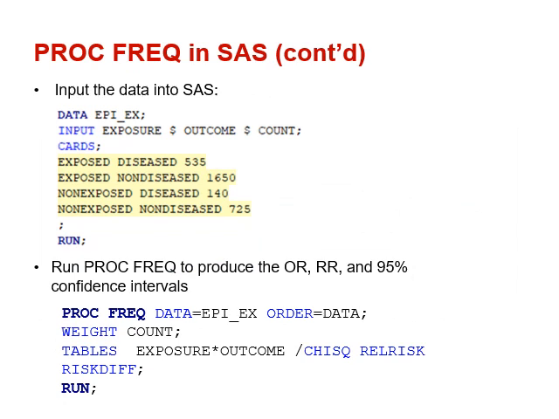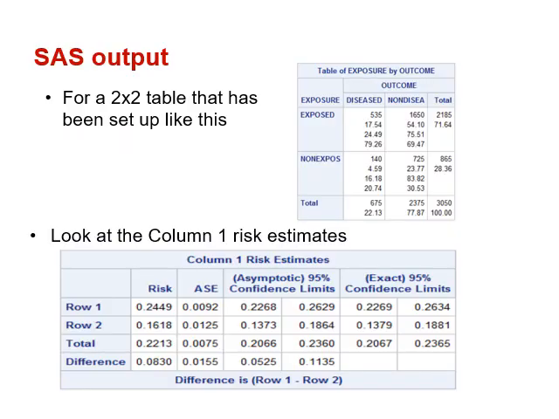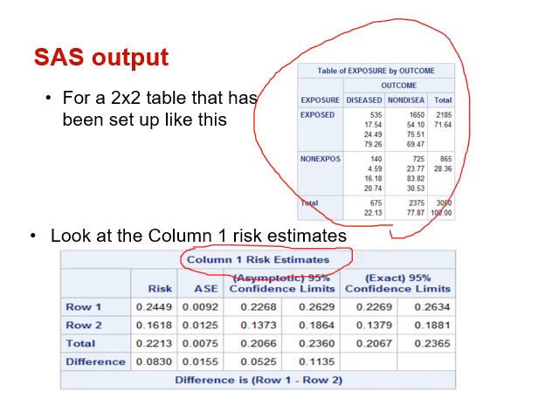To calculate the risk difference in SAS, put the risk diff statement right here. So this slide shows you the SAS output for risk difference. For a 2 by 2 table that has been set up like this in SAS, you have to look at the column 1 risk estimates.